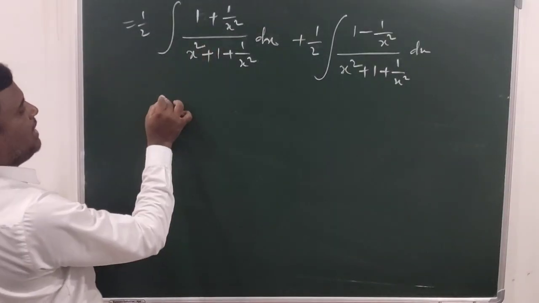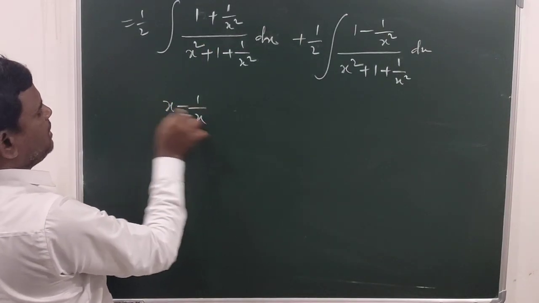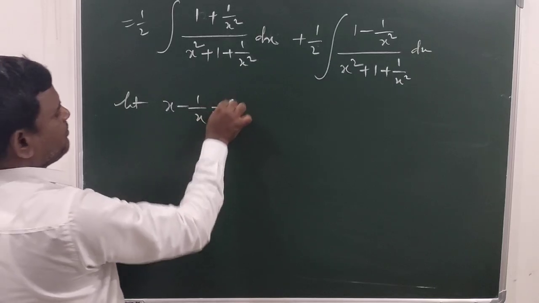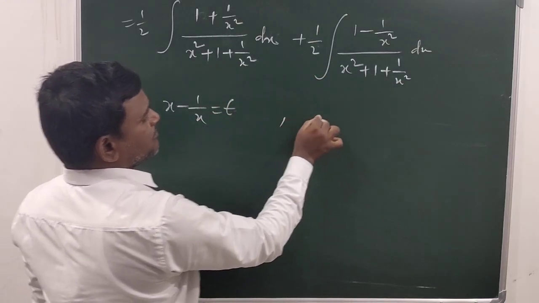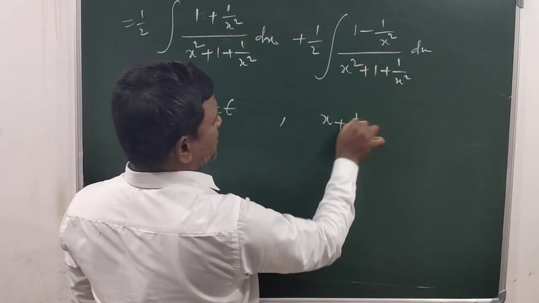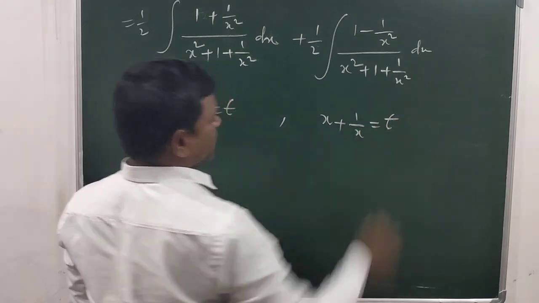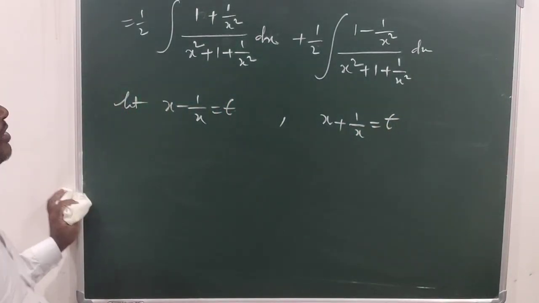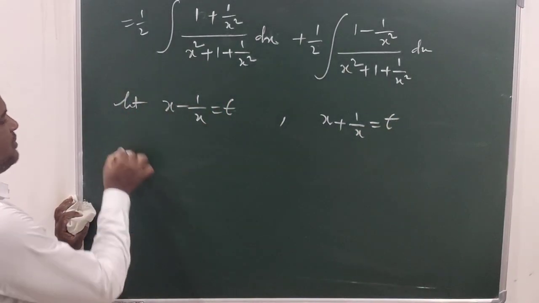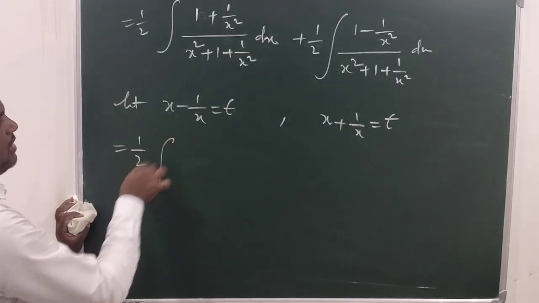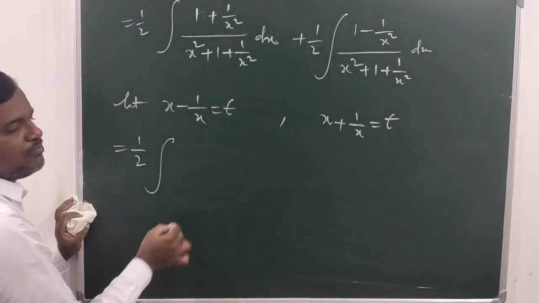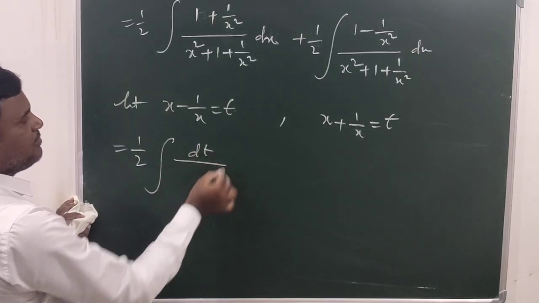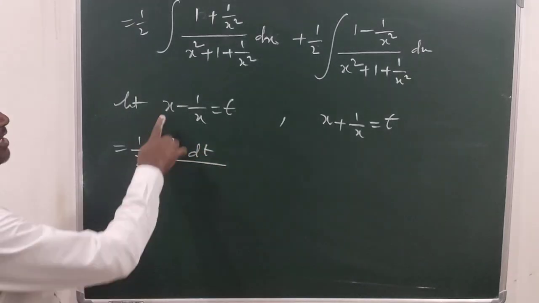It must be taken as x minus 1 by x equal to t. And what about this? For this, what is the substitution? x plus 1 by x equal to t. Now do the derivative on both sides with respect to x, so that the numerator will become dt by the denominator portion.